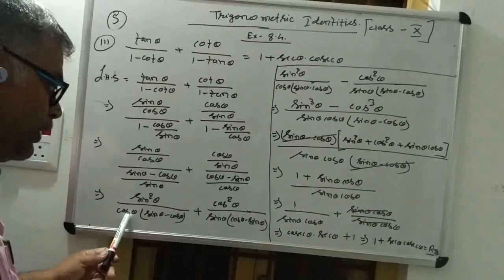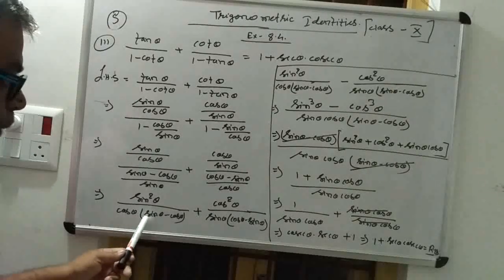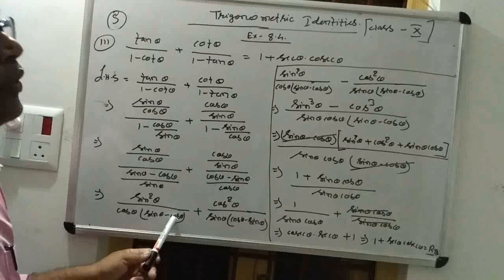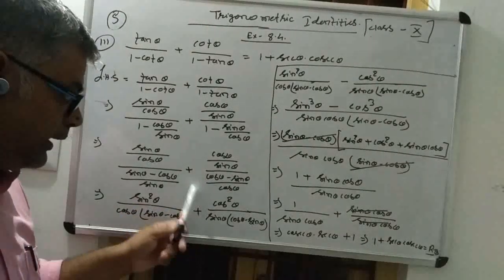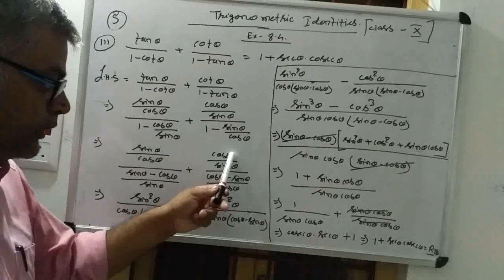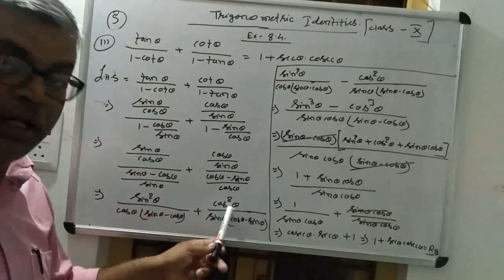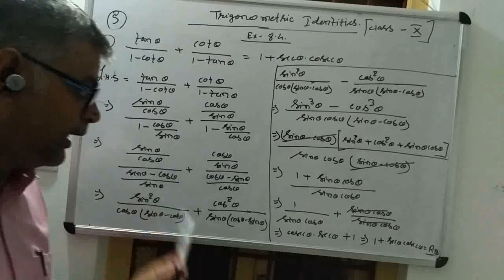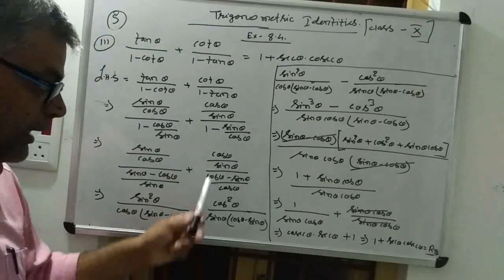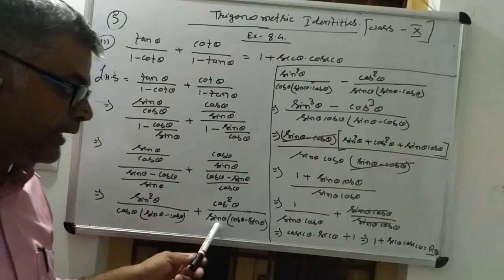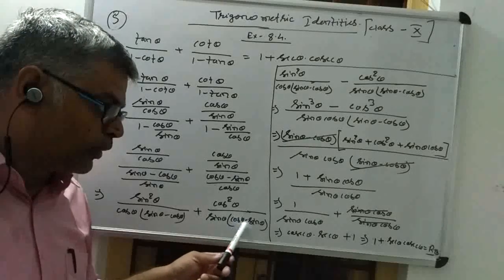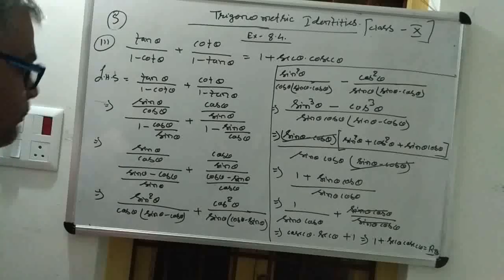So we will have in the denominator cos theta into sin theta minus cos theta. Similarly on this side also, it will become plus cos theta and cos theta multiplied, so cos square theta, and sin theta is multiplied with cos theta minus sin theta, so the denominator becomes sin theta into cos theta minus sin theta.